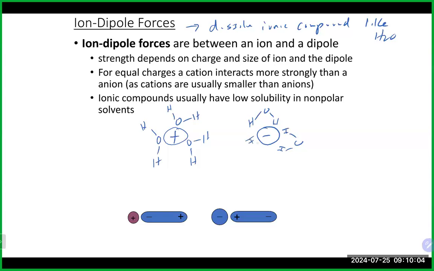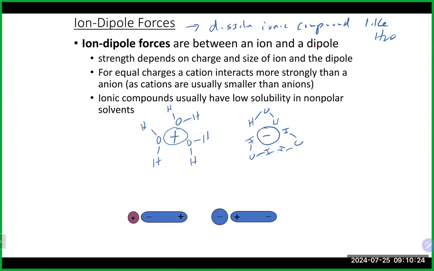And as we talked about, this is essentially how an ionic compound dissolves. It doesn't disappear, it just gets meshed in there with a bunch of water molecules so that we no longer can see it. But it is that simple attraction between opposite charges that allows this to occur.